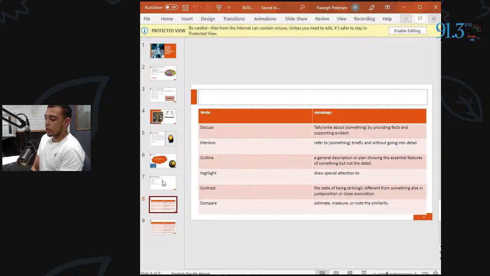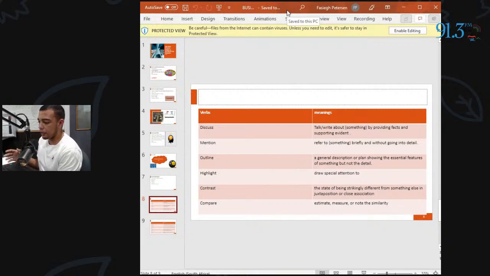So these are the type of verbs that come in the business paper. So we tell you to discuss, we just mean that you have to talk about, to write about something by providing facts and supporting evidence. All of these words or verbs actually just mean to explain. So when you see any of these verbs in front of a sentence, just remember that you just have to explain.